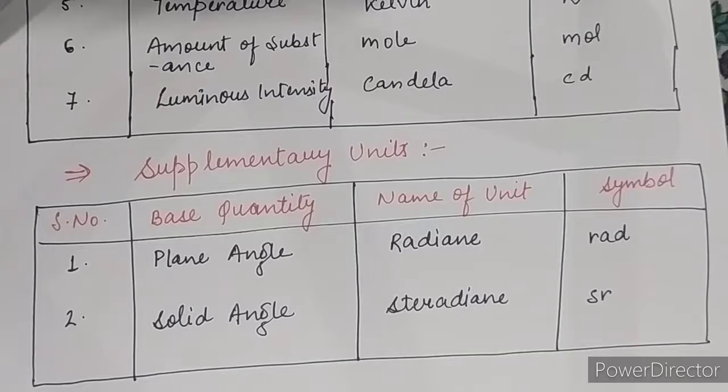Clear? This chapter has been divided into 3 parts. First, we are discussing units, and in this the parallax method you are going to study. Afterwards, the second portion is error, in which we calculate each and every type of error, and the last one is dimensional formulas.